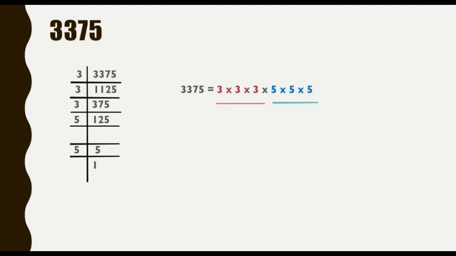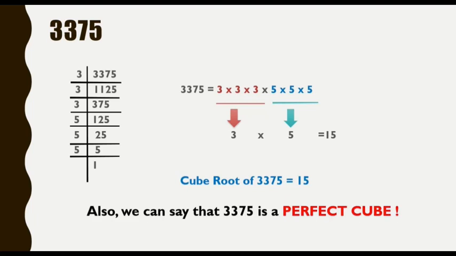After this, it is the same process as we did in the square root part. Picking out one number from each group and multiplying them gives us 15 in this case. So we may say that the cube root of 3375 equals 15, or the cube of 15 will be equal to 3375.